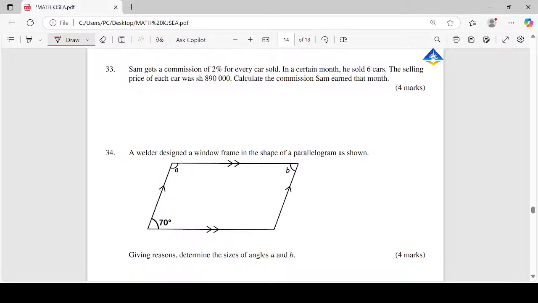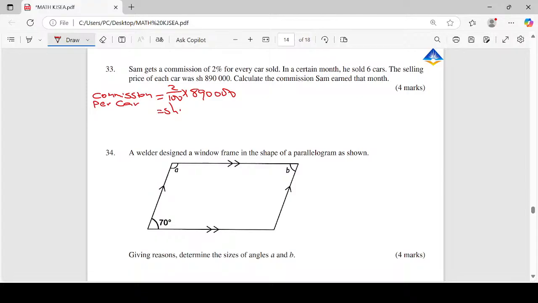So he gets a commission of 2% for every car sold. So let's get the commission per car. Commission per car is obtained by 2 over 100 times the selling price, which is 890,000 shillings.